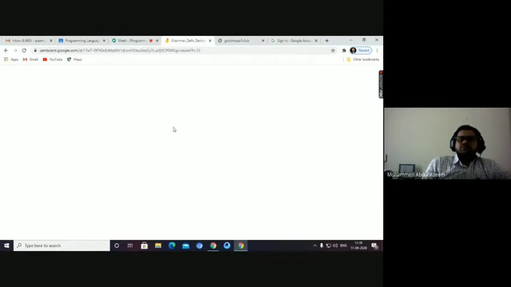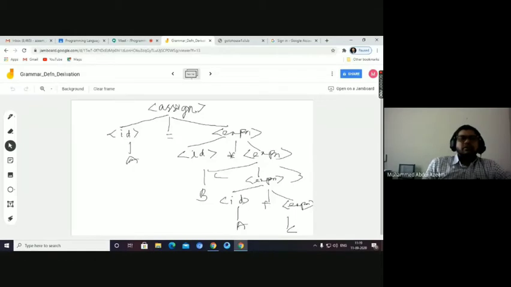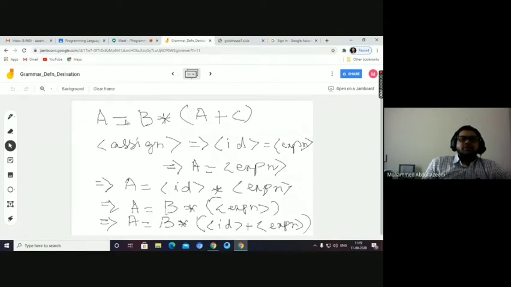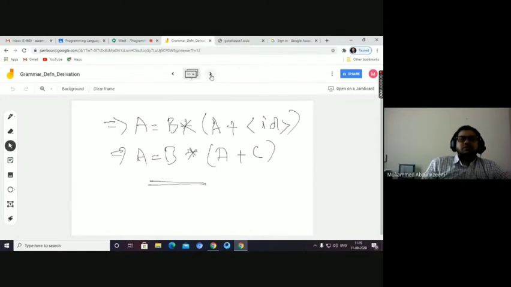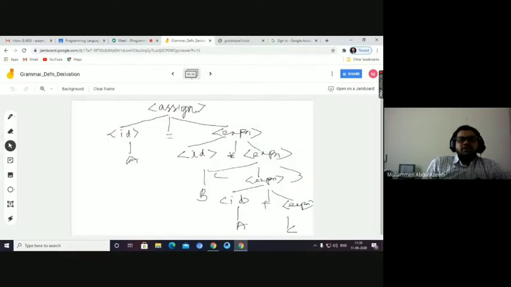Here, when I have to construct the parse tree for this particular derivation, how do I do? I'll start with the statement assign derives to be ID equal to expression. So how do I write? Assign is my root. Basically in a tree there will be a special node called root.